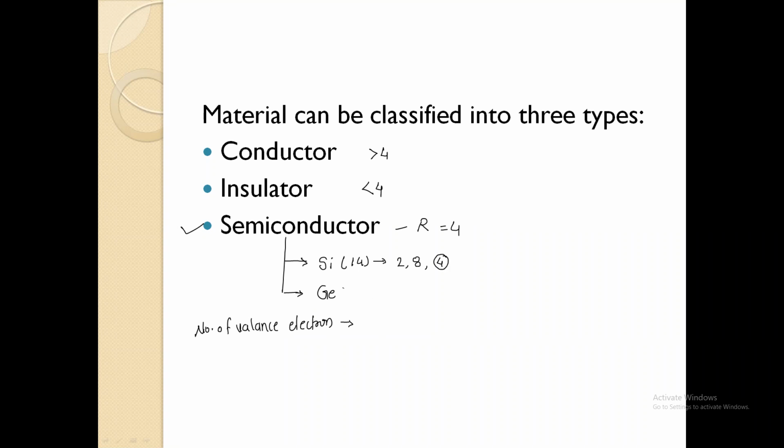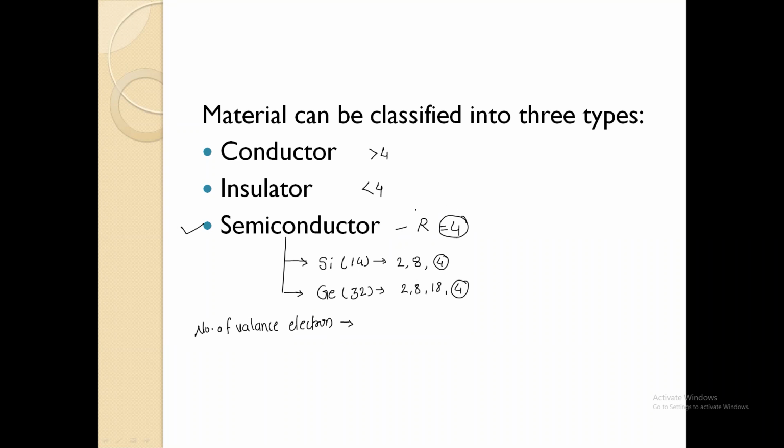If you see germanium, its atomic number is 32. Now you can see the different orbits and their electrons: 2, 8, 18, and in the last orbit, 4 valence electrons are present. That's why we say that when the valence electrons are equal to 4, this material is considered a semiconductor material.